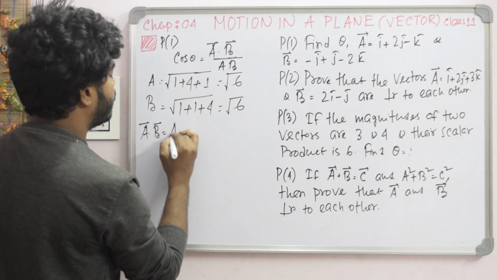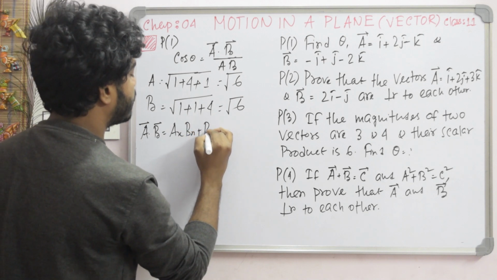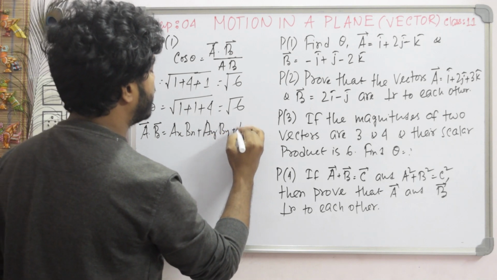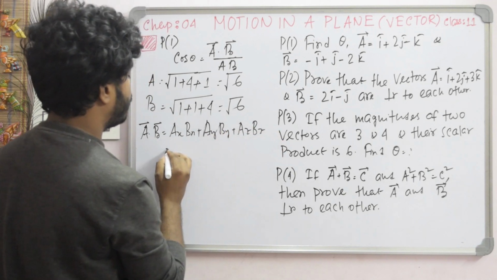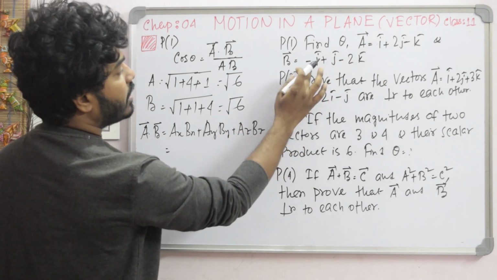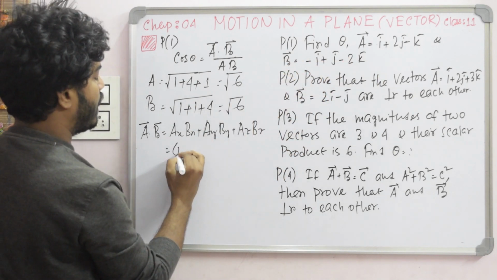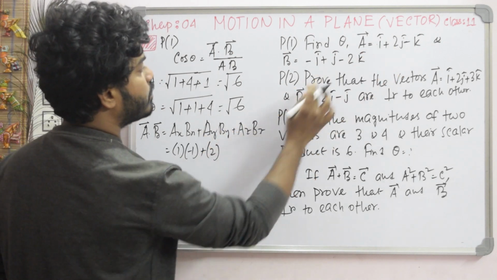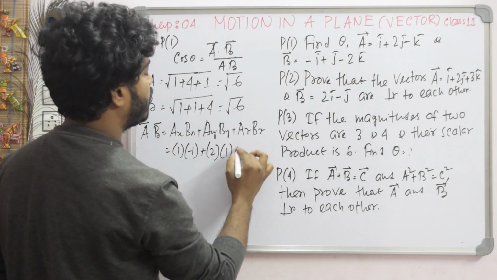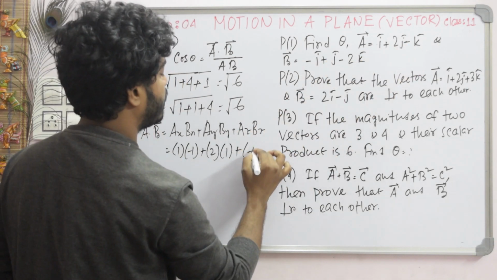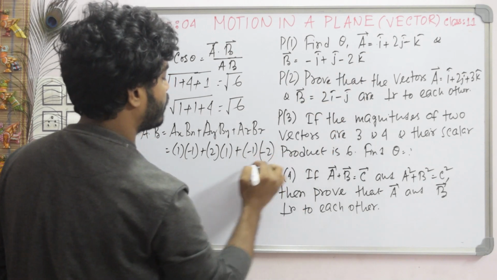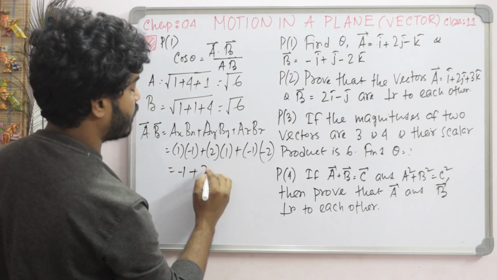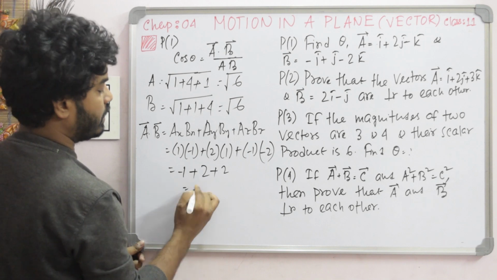You know the formula: ax bx plus ay by plus az bz. ax is 1, bx is minus 1, so 1 into minus 1, plus ay is 2, by is 1, plus az is minus 1, bz is minus 2. This gives minus 1 plus 2 plus 2, so 4 minus 1, that is 3.